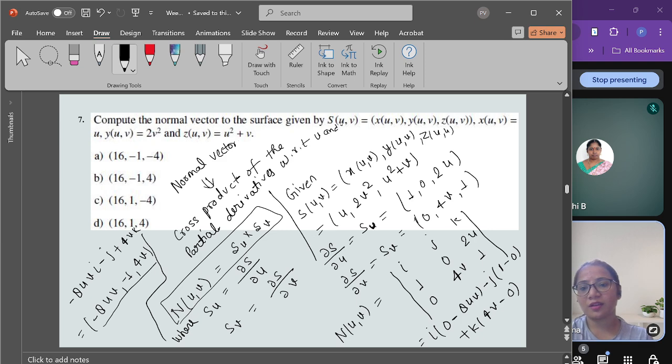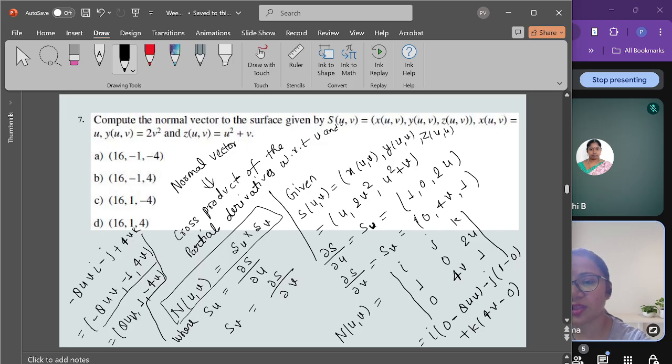So either it can be represented like this, or we can do it the opposite way: opposite to 8, you will get 1 here and minus 4v. So just check with this one. Here the i and j terms are both minus and the k term is positive. So just check with the answer.